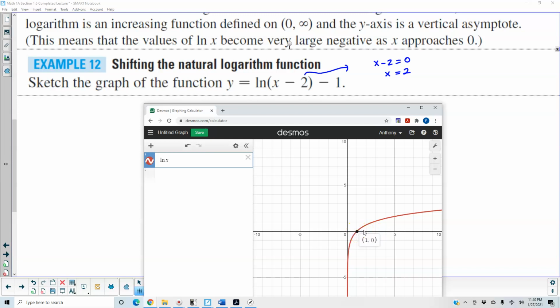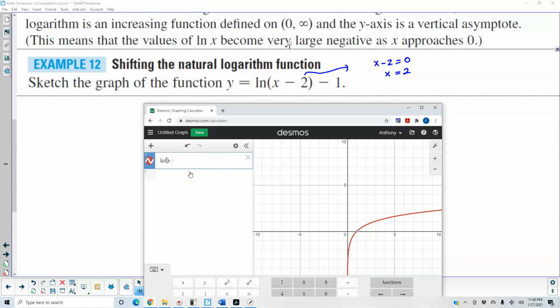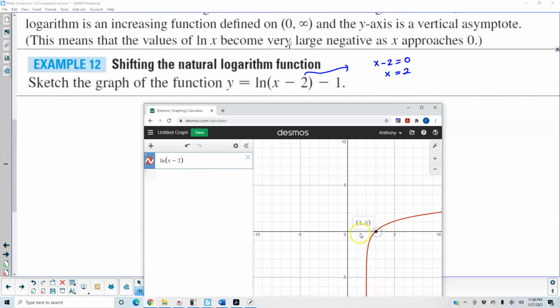So it should end up over here at (3, 0). So let's go ahead and do that. So we're going to put in parentheses, natural log of x minus 2. So now it's shifted over 2 units, because that's what we did.